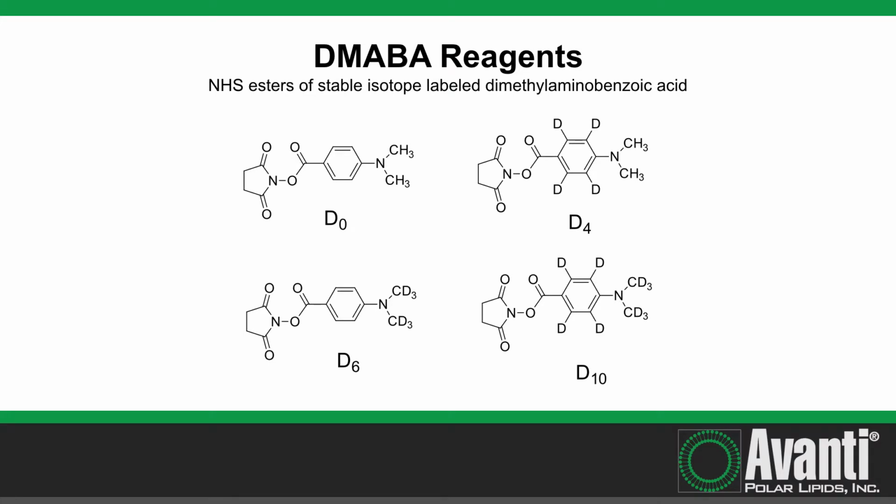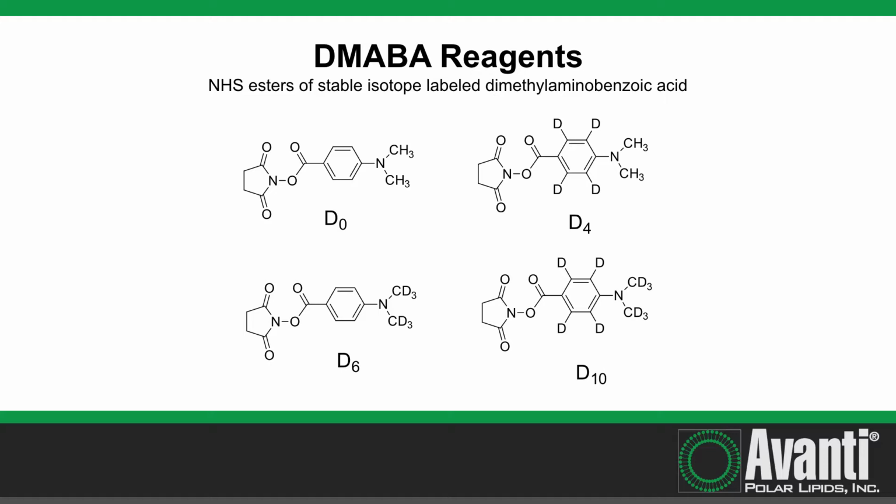So these are the reagents which are available from Avanti. They're N-hydroxysuccinimide esters of dimethylaminobenzoic acid. So I'll point out this structure here. Here's dimethylaminobenzoic acid, and here is the activated carboxylic acid as the N-hydroxysuccinimide ester. They come in 4 different flavors.